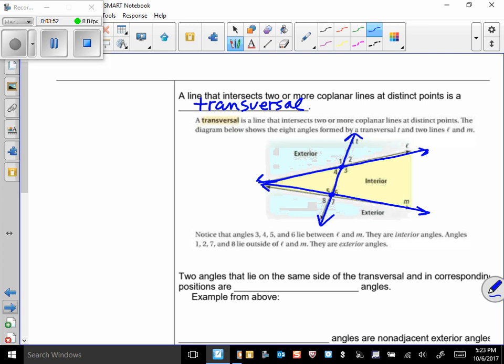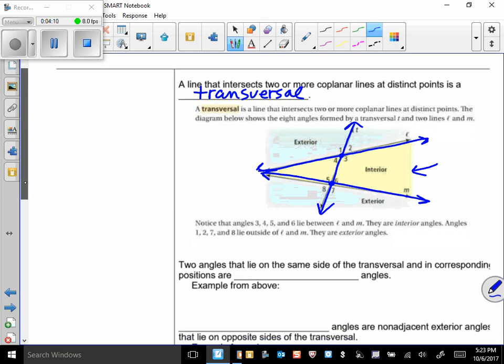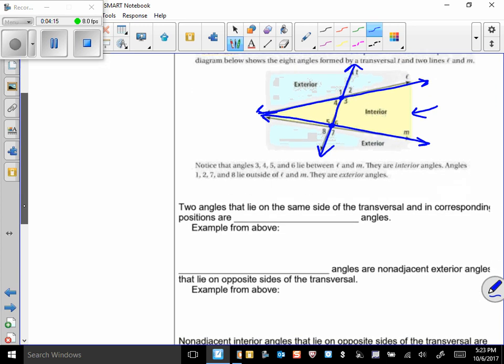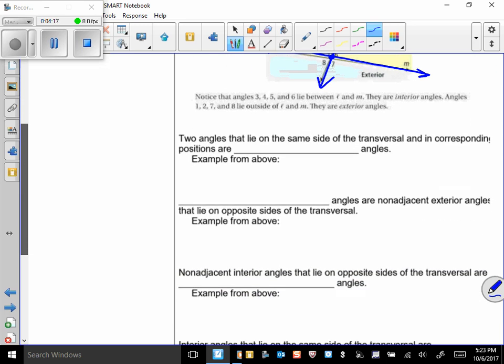All right, and we can see this area highlighted in yellow. All those angles on the inside of those lines that are not the transversal would be the interior angles, and the angles on the outsides of those 2 lines would be exterior angles. Now we're going to name those interior and exterior angles a little more specifically.